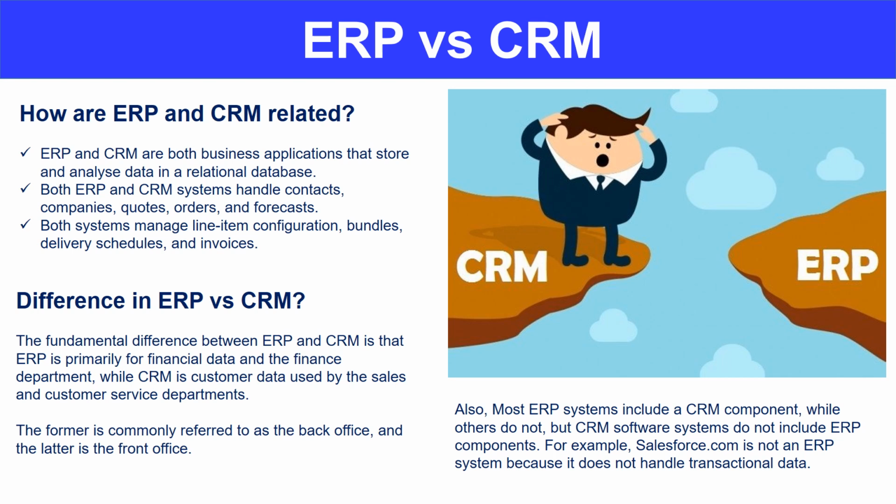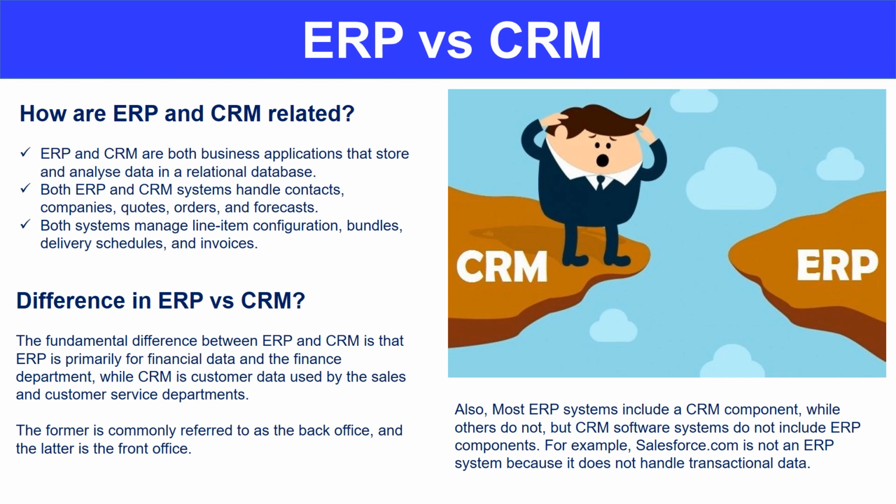So first let us understand, how are ERP and CRM related? ERP and CRM are both business applications that store and analyze data in a relational database. Both ERP and CRM systems handle contacts, companies, quotes, orders, and forecasts. Both systems manage line item configuration, bundles, delivery schedules, and invoices.